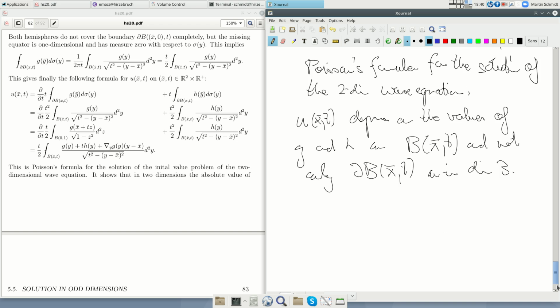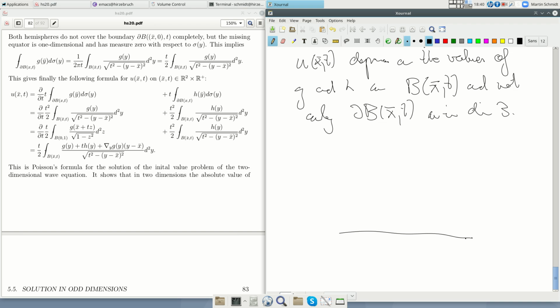So let's draw again this picture. Here we are in 2 dimensions, and this is time. So we have here x1, x2, and some point, some coordinate, and here we have the time.